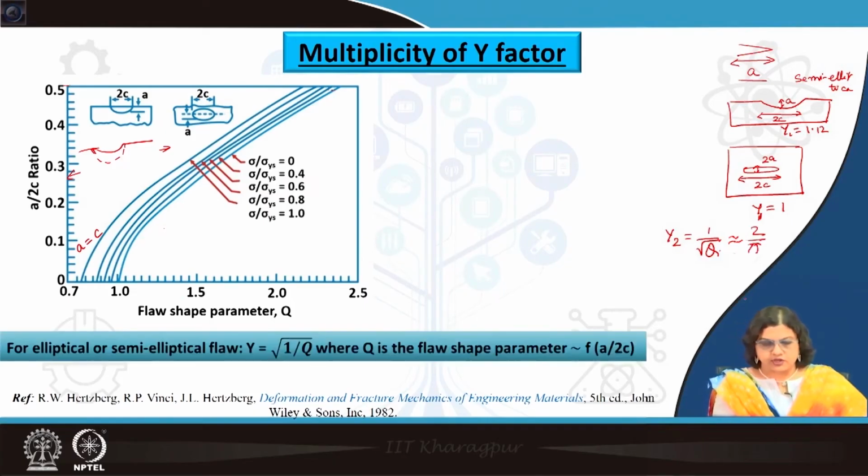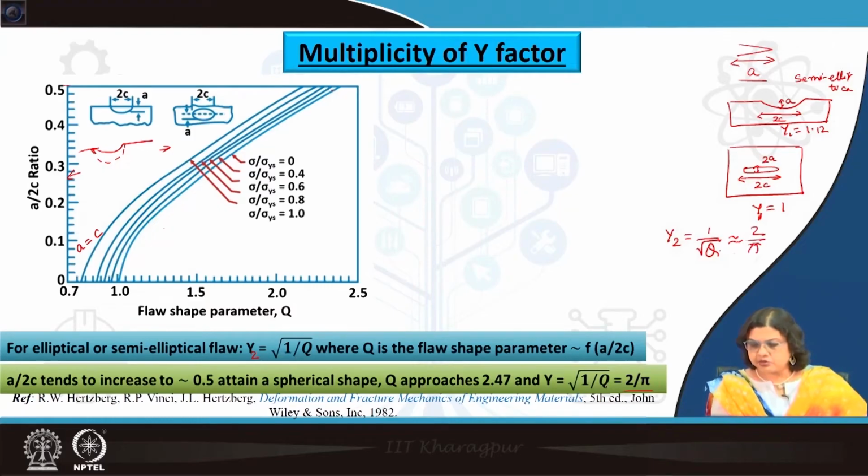Okay. So, this is what we are seeing, this y parameter, or this we often term as y2 in this case. So, this y2 parameter is root over 1 by q, and that comes to 2 by pi because it tends to grow to a circular one. So, as a by c tends to 0.5, q tends to 2.47 and y2 tends to 2 by pi.